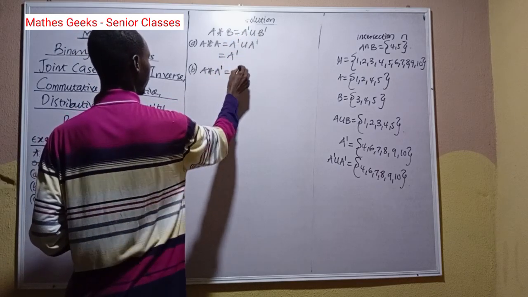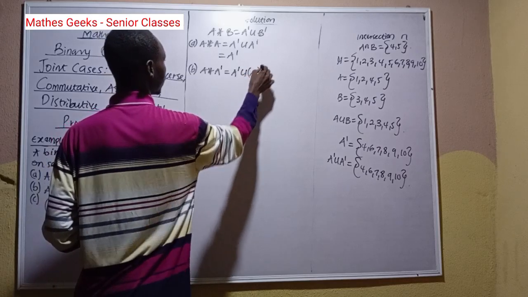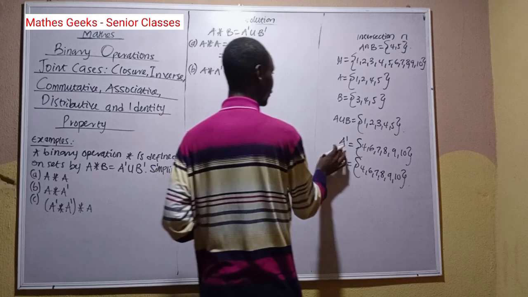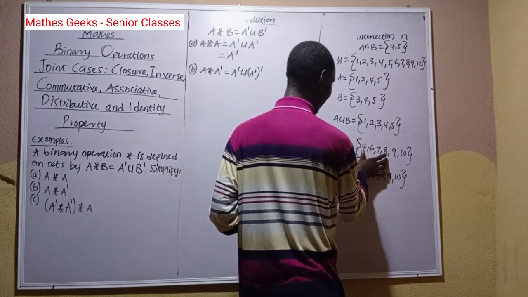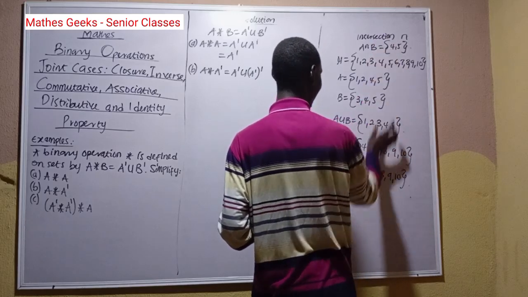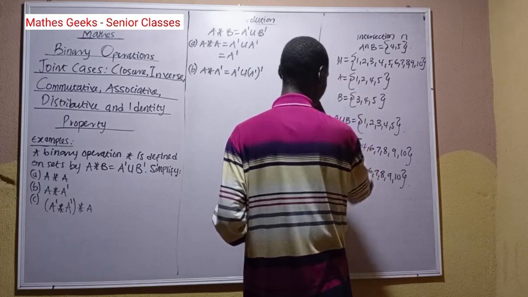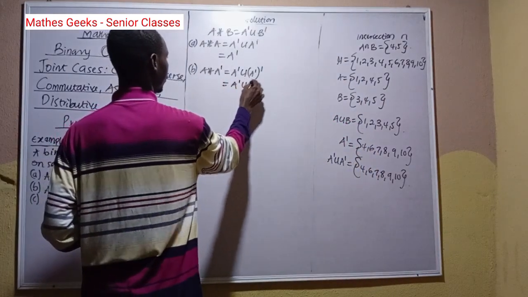So it will give us A complement union A complement complement. The complement of A complement means the elements that are in the universal set but not in A complement, which will give us set A. So this will give us A complement union A.